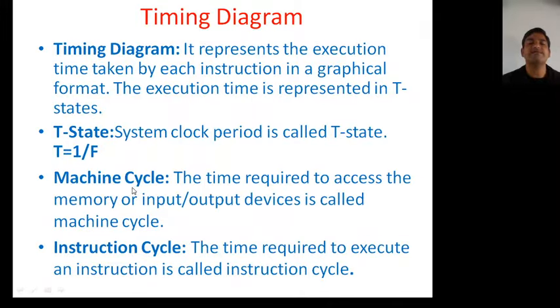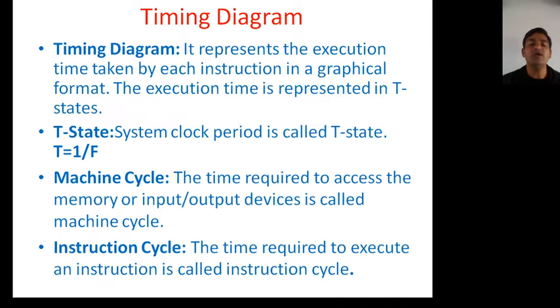Now, what is machine cycle? Machine cycle is the total time required to execute any operation, or you can say the time required to access the memory or input output device.